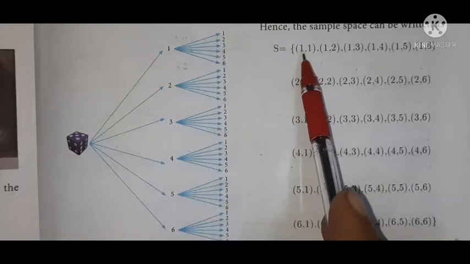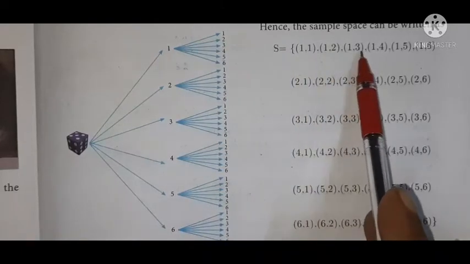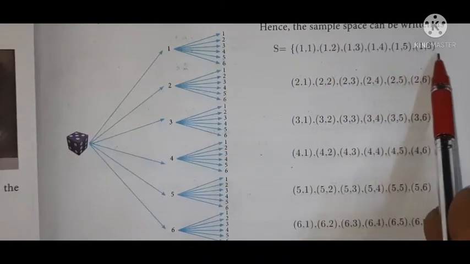So the sample space is (1,1), (1,2), (1,3), (1,4), (1,5) and (1,6).